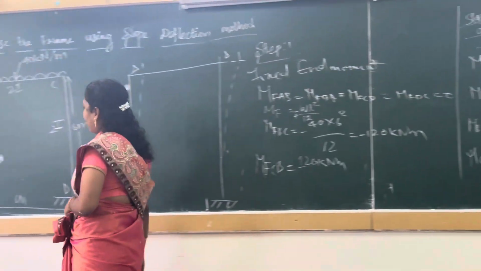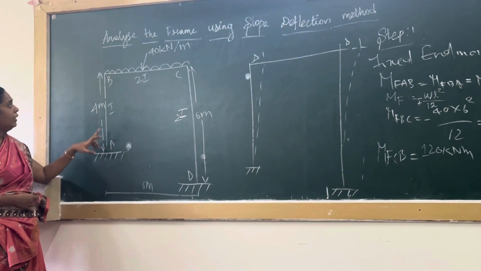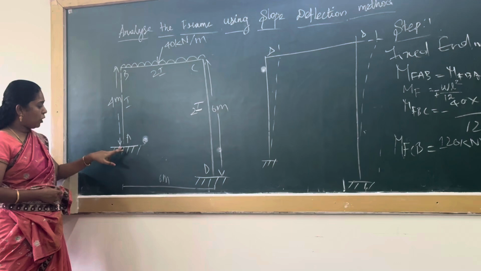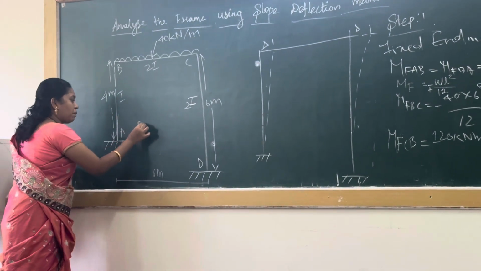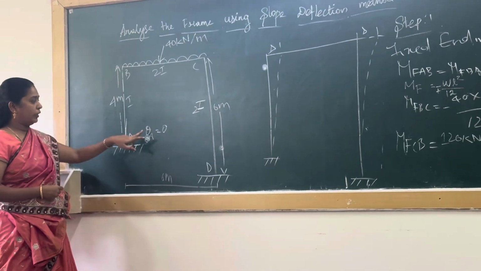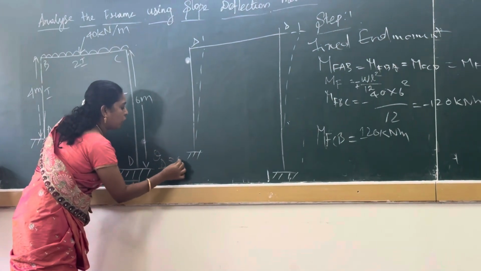Here theta A is nothing but the slope at the support A. Theta B is the slope at the support B. At support A we are having a fixed support, and at a fixed support the slope will be 0. So theta A equal to 0 and theta B equal to 0.